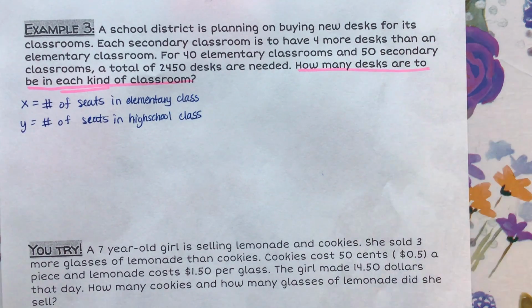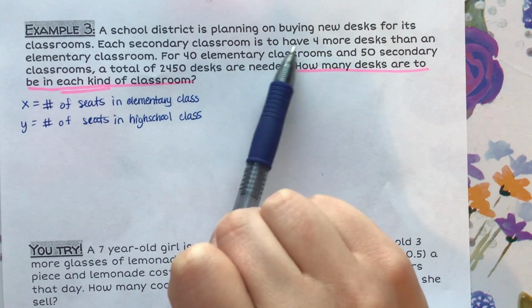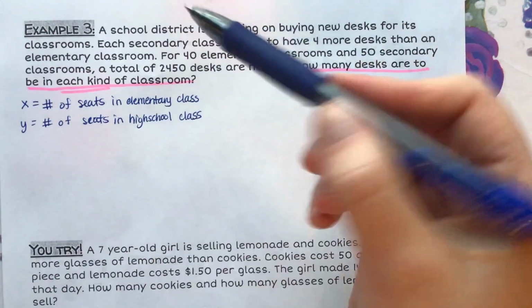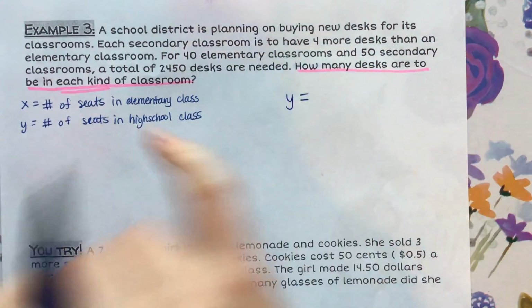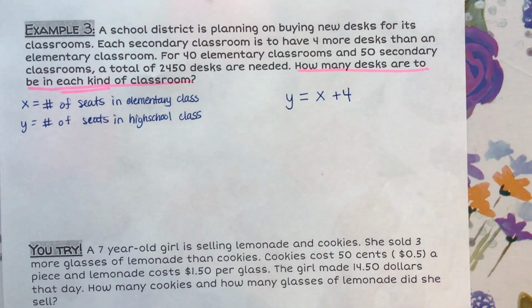Now that I know that, I can go back and start rereading my problem to see if I can write some equations. This says each secondary classroom is to have 4 more desks than an elementary. So that means high school, y, needs to be the amount in an elementary, x, plus 4.